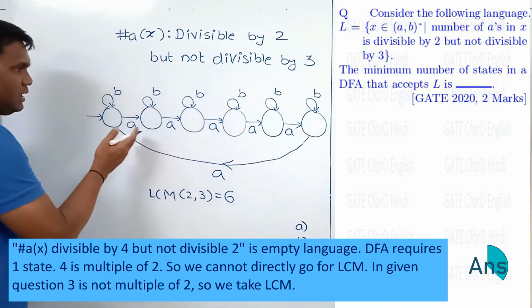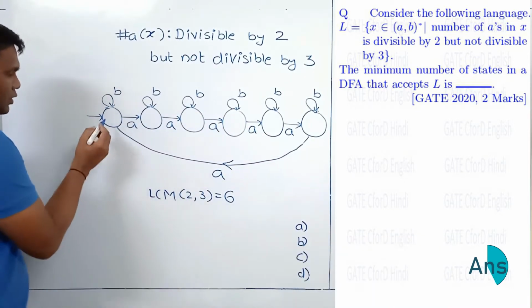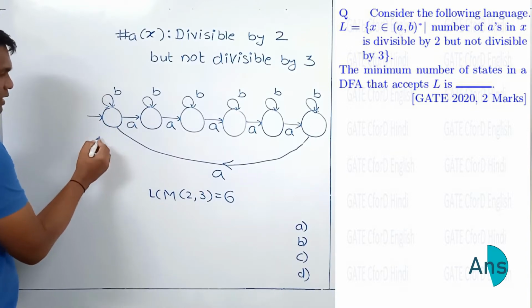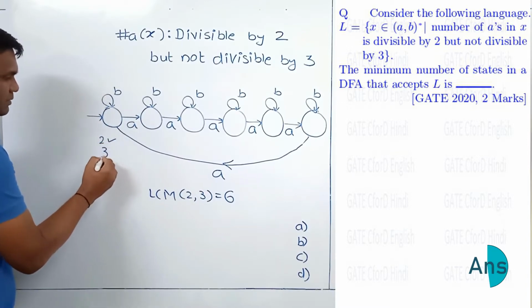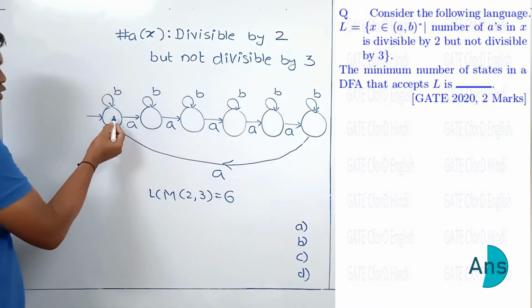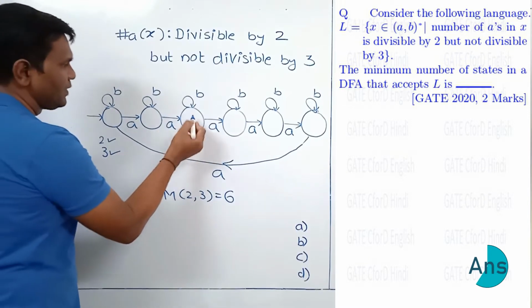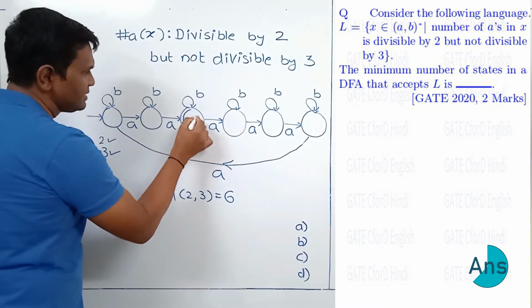Now here we have drawn the DFA, but we haven't marked the final states. Here the number of a's is 0, it is divisible by 2, it is divisible by 3 also. The condition is not divisible by 3, so this is a non-final state. Here the number of a's is 1, then 2, so this is a final state.